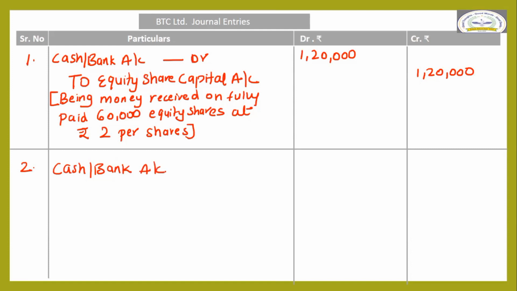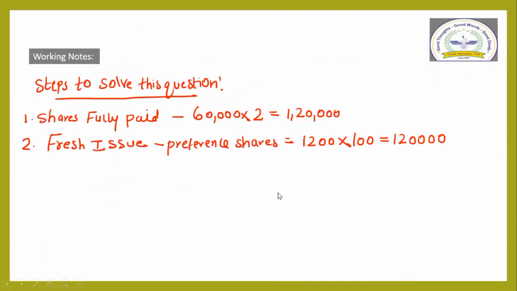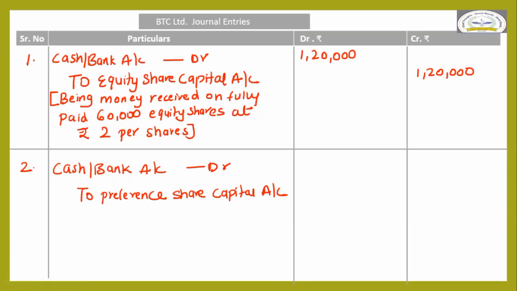Second entry: cash or bank account debit to preference share capital account, students. And the amount is 1,20,000 rupees.